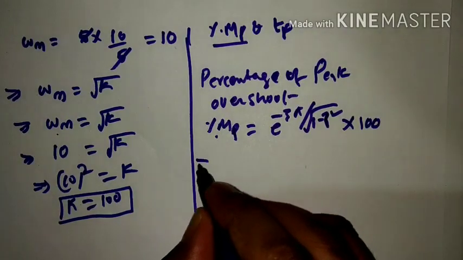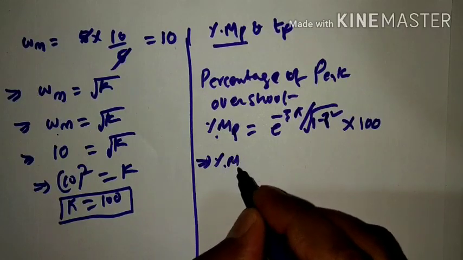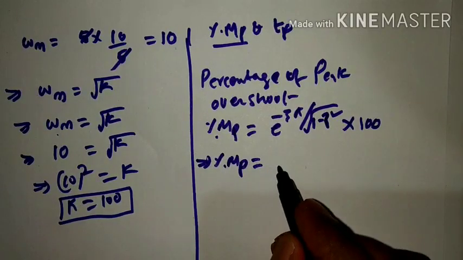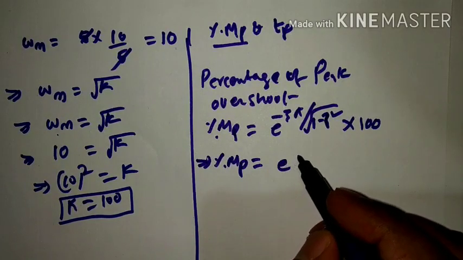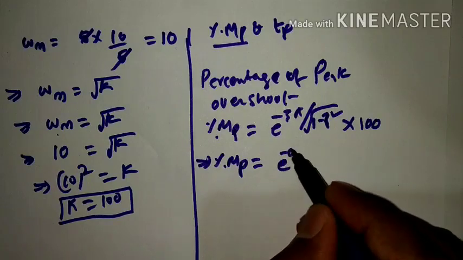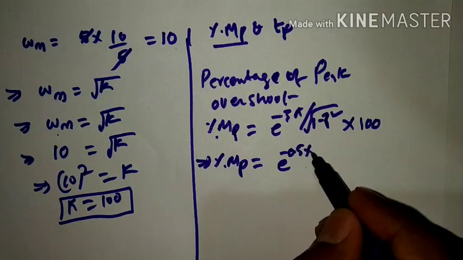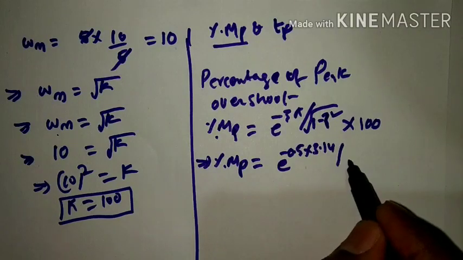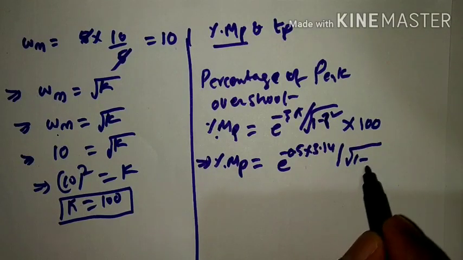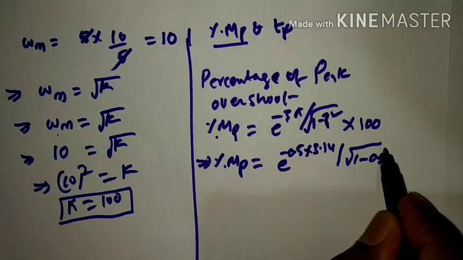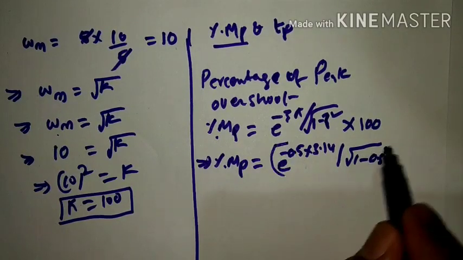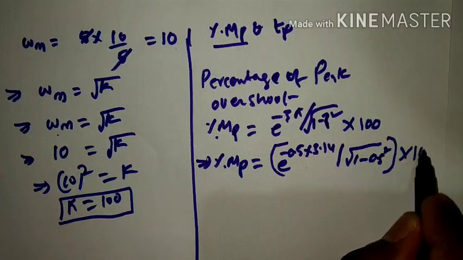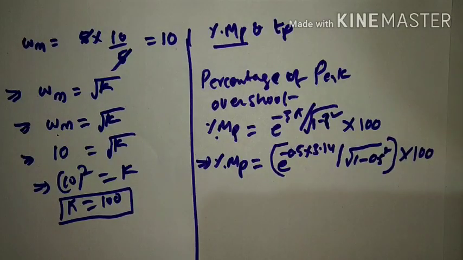So you just substitute here, percentage of Mp is equal to, so zeta is equal to how much? Zeta value is 0.5, pi means here 3.14, by root of 1 minus 0.5 whole square, okay, into 100.